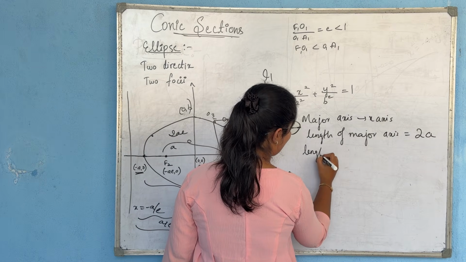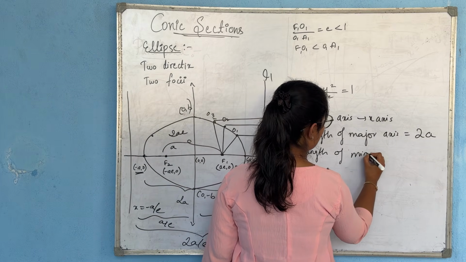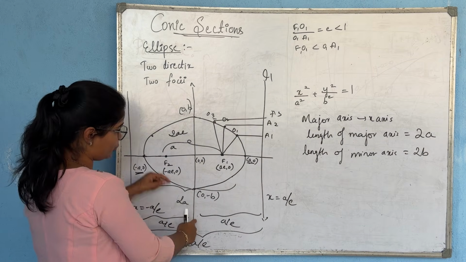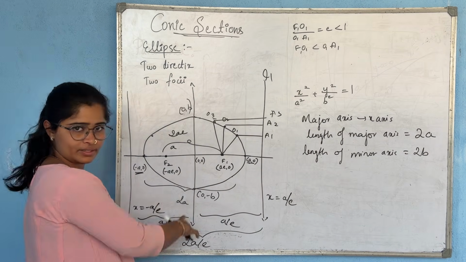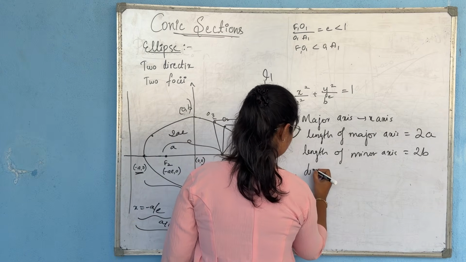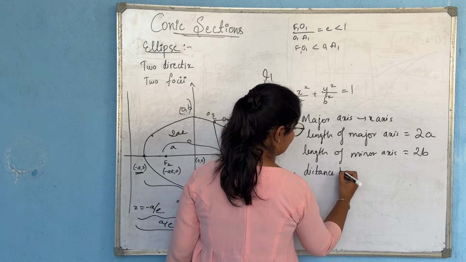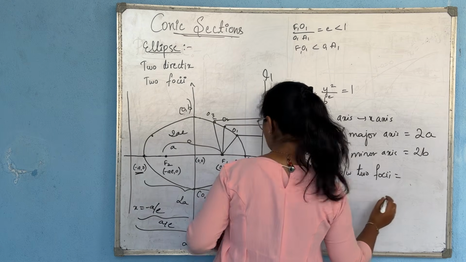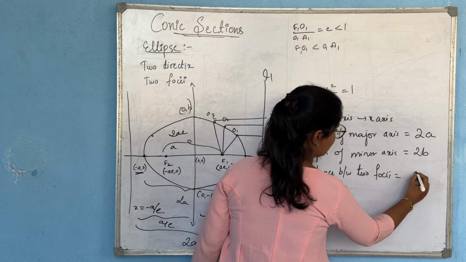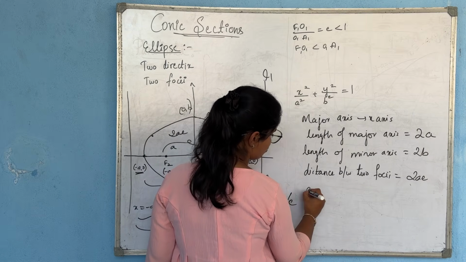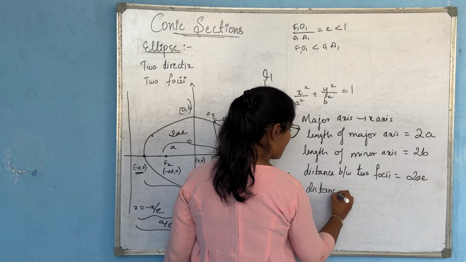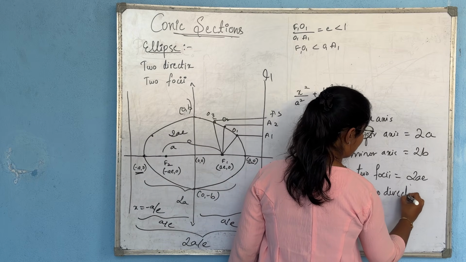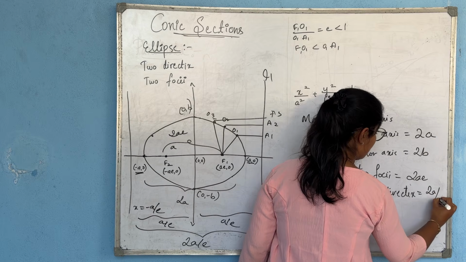Again, length of minor axis will be equals to 2b, and here the minor axis is considered as y axis, and distance between two foci is given as 2ae, and distance between two directrix is given as 2a by e.